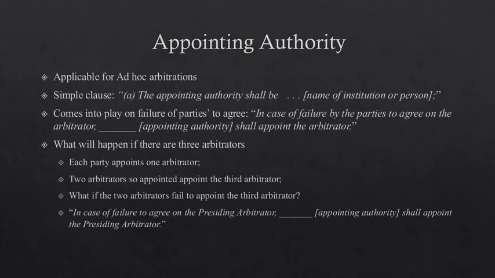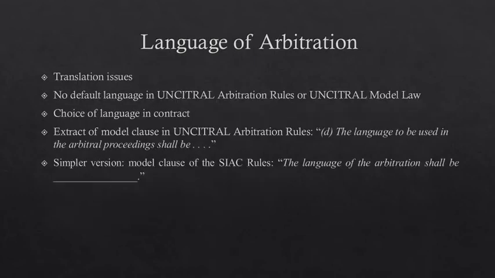Now, coming to the language of arbitration, it is important that you designate the language of arbitration, especially when it relates to international arbitration. Not many people are aware of this, but this is important. Just imagine a multi-million dollar claim being arbitrated between, say, an English and an Egyptian party, where the language of arbitration is Arabic.